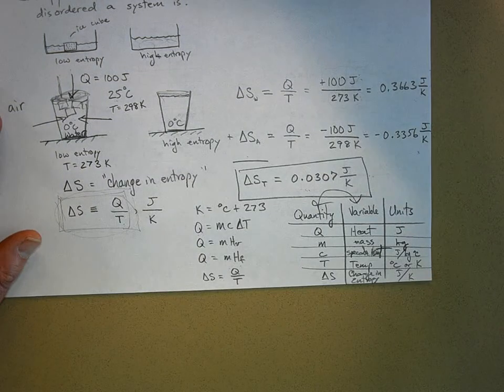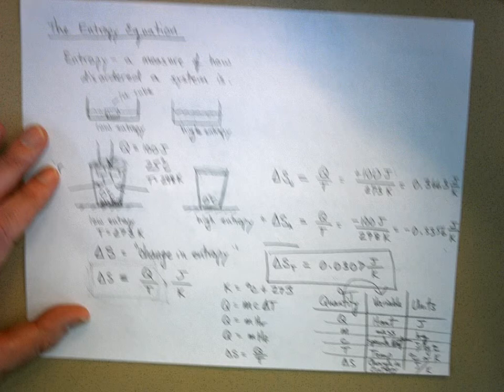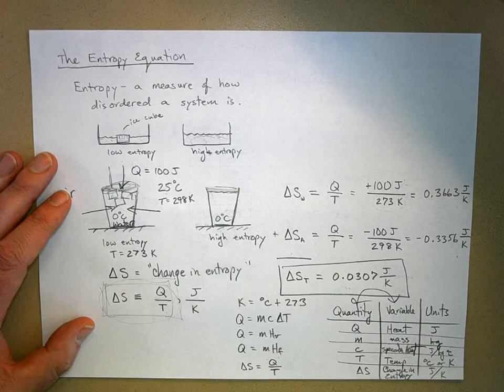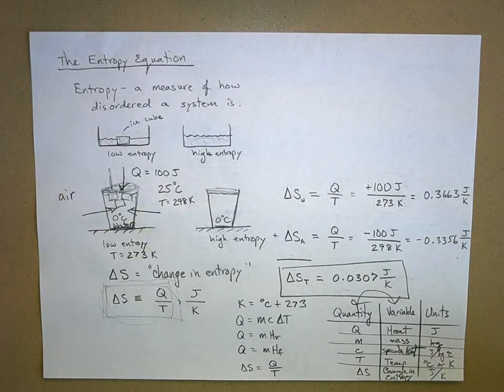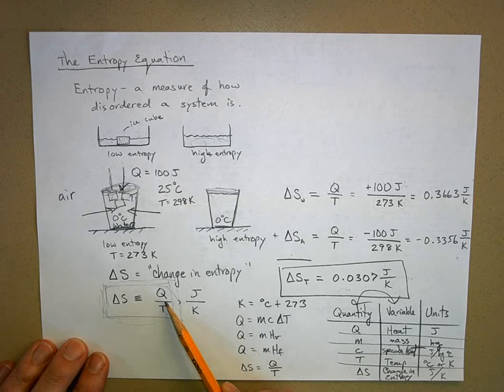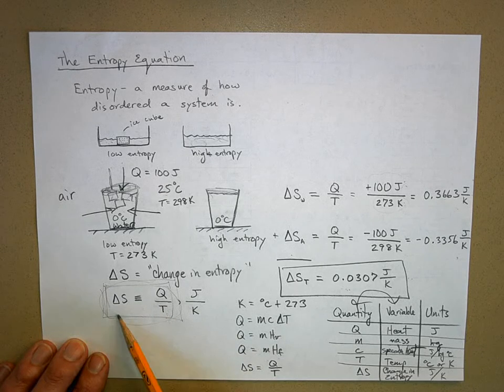So let's zoom out and take a look at the whole thing here. Entropy is a measure of the disorder, how disorganized things are. The way we quantify entropy is to measure the heat transferred into a system divided by the temperature of that system. And really what we're measuring here is a change in entropy.